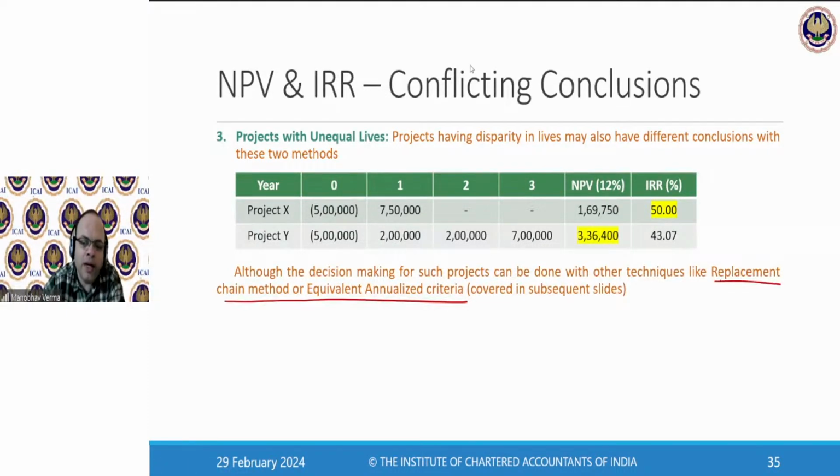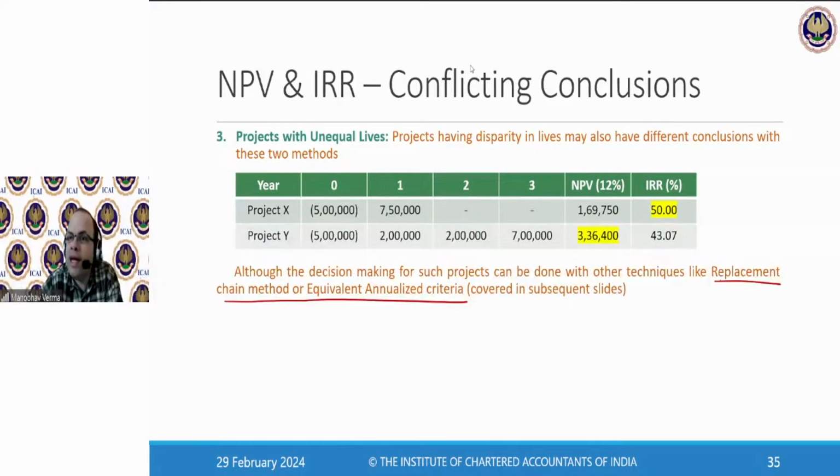But before I go to the other methods, before I talk about the replacement chain method or annualized criterion, I would like to quickly cover one extension of IRR, in terms of its shortcoming.